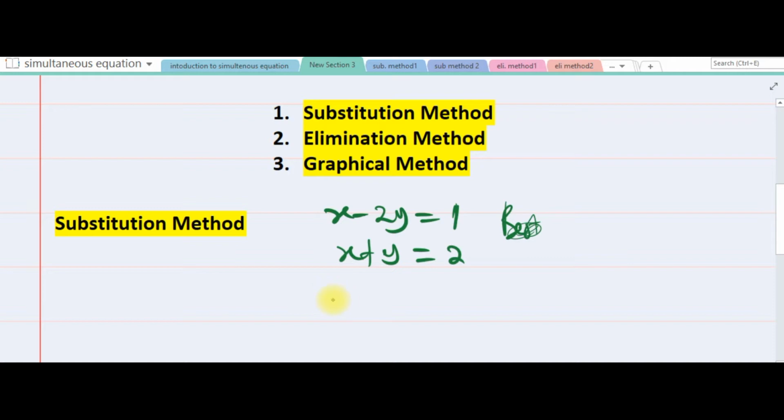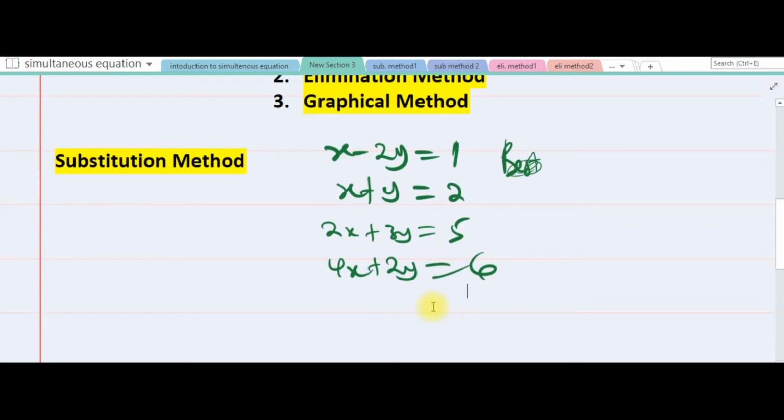But if you are given 2x plus 3y equals 5 and 4x plus 2y equals 6, you notice that it's not easy to solve this using the substitution method. Not that we can't solve it, but it's harder.